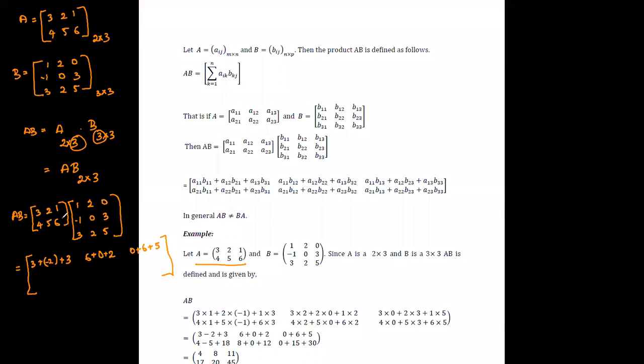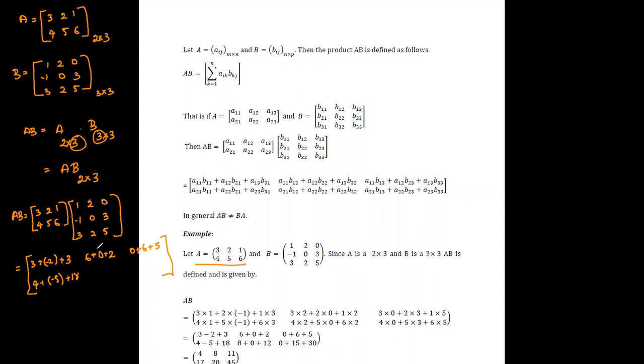Now we have to move to the second row. The second row with the first column: 4 times 1, plus 5 times minus 1, plus 6 times 3.